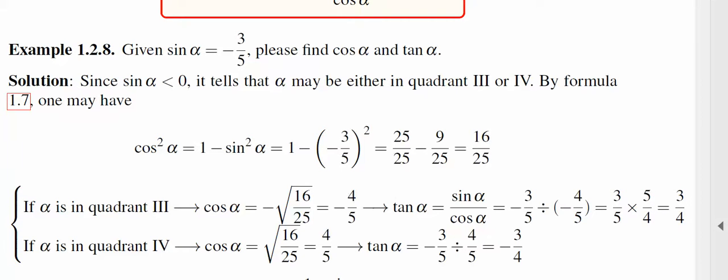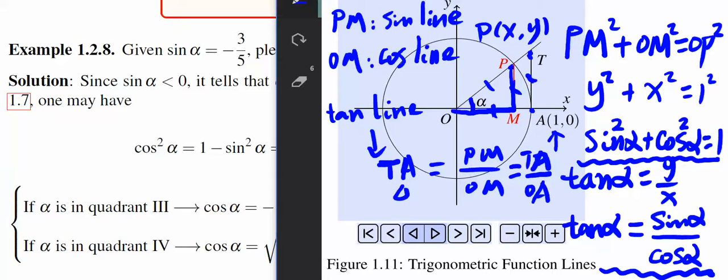In this one, sine alpha is given as negative 3 over 5. Then we know previously that sine squared alpha plus cosine squared alpha is 1.